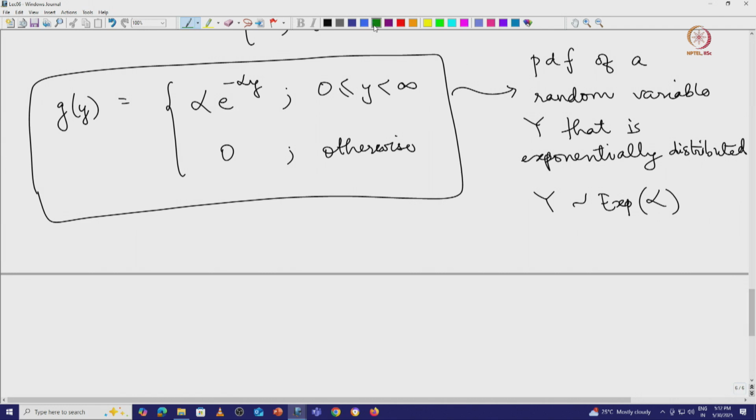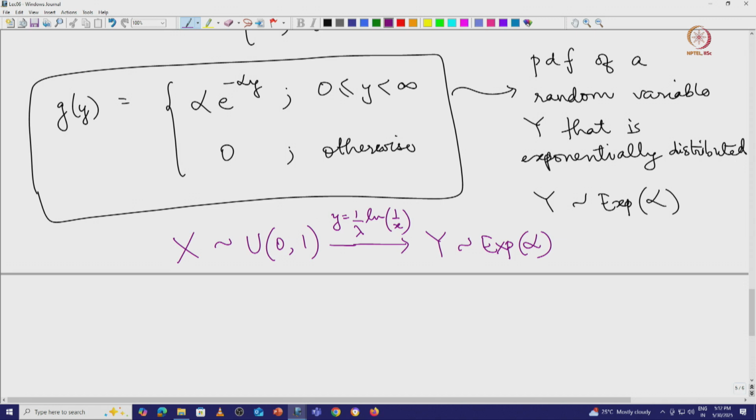So essentially what we have done here is we have converted x that was distributed uniformly between 0 and 1 to a random variable y that is exponentially distributed with the rate parameter alpha, and the only thing we had to do was take x and apply the function 1 over lambda log of 1 over x, and this would give you the desired y.